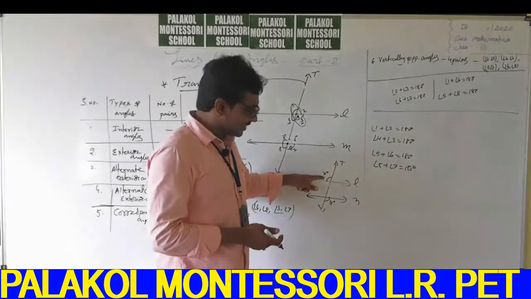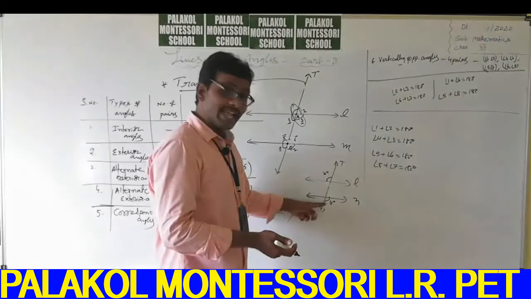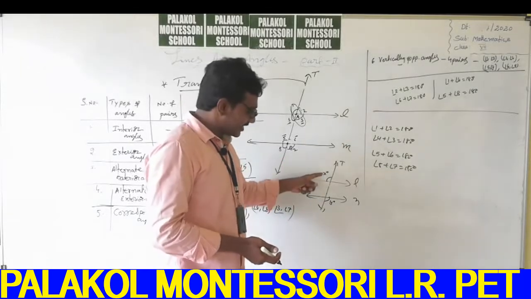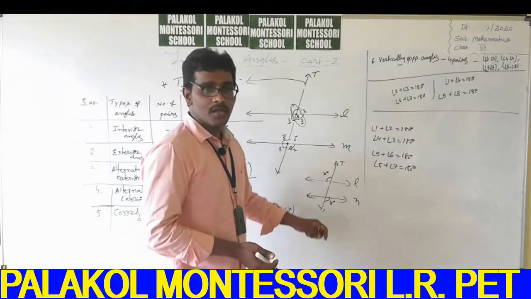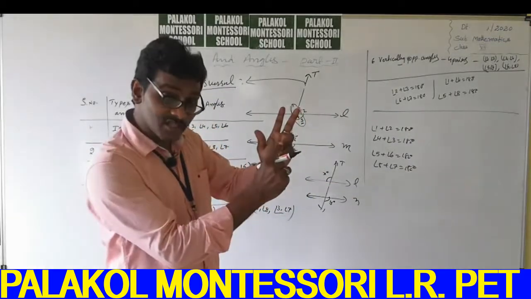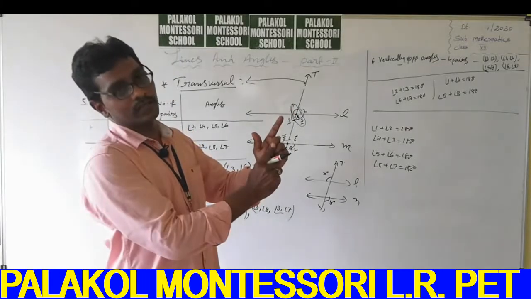One angle is this side, another angle is the other side. These two angles are outside, exterior. So x degrees is equal to y degrees. Is it clear? So alternate interior angles are equal, alternate exterior angles are equal, vertically opposite angles are equal.